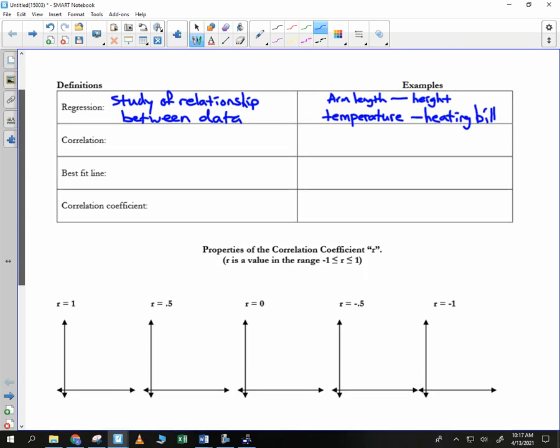Okay? Correlation is the measure of strength of the relationship. Measure of the strength of the relationship.